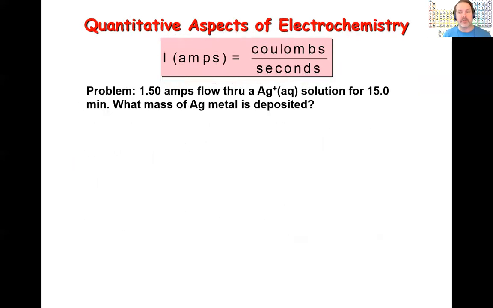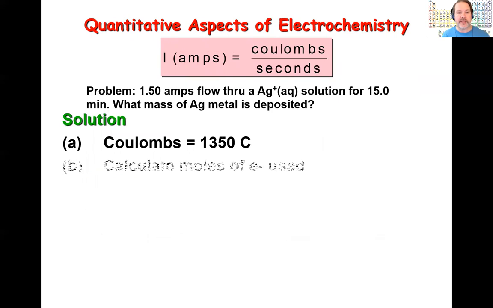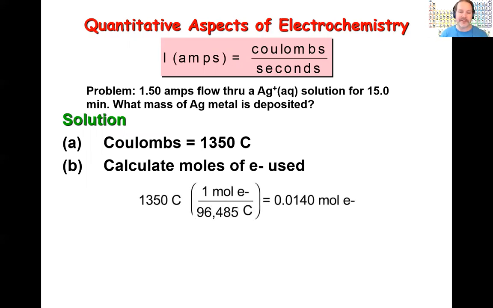All right, and now that we know it's 1,350 coulombs, we can relate this into electrons using Faraday's constant. How do we do that? Multiply by the conversion factor that's in Faraday's constant, and we can see how many moles of electrons flowed. Perfect.